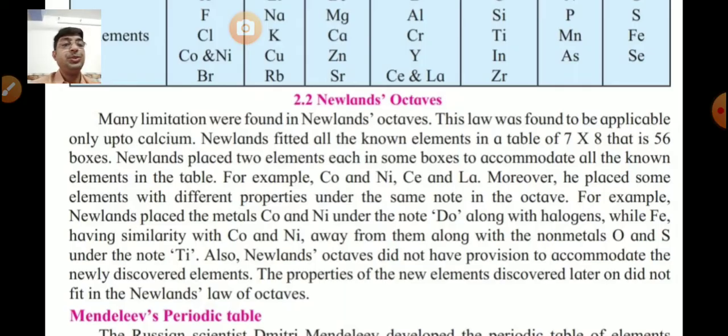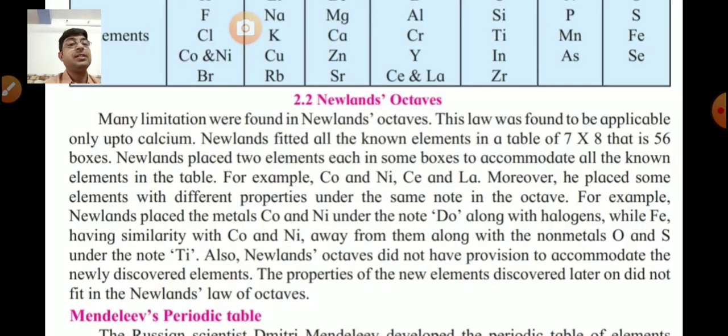For example, you see in the table cobalt and nickel, cerium and lanthanum. Moreover, he placed some elements with different properties under the same note in the octave. For example, Newland placed the metals cobalt and nickel under the note DO2 along with halogen, while Fe, meaning iron, having a similarity with cobalt and nickel, was placed away from them along with the non-metals oxygen and sulfur under the note Ti.